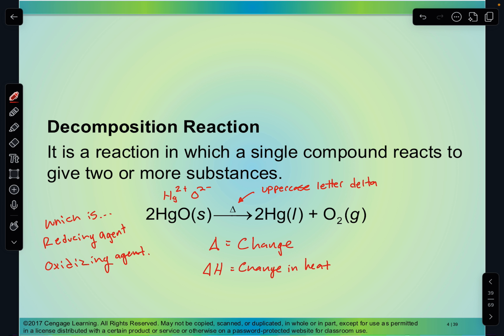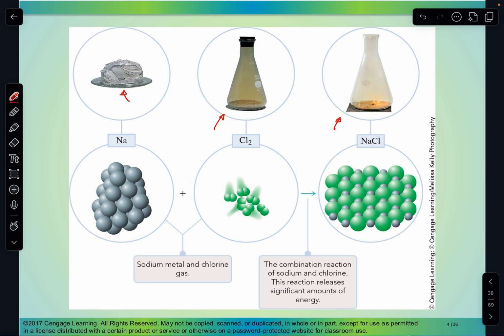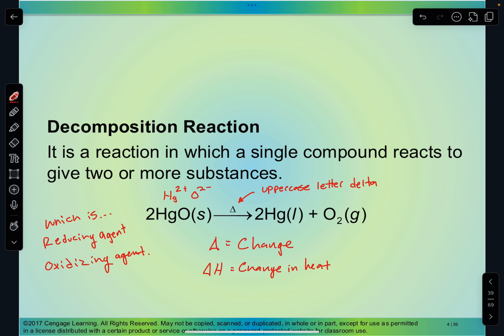Okay, so this is a decomposition reaction. It's the opposite of a composition reaction? What do we say? Combination reaction. It's when you take one substance and make it into two. The oxidizing agent is going to oxidize something else, which means it's going to raise the positive charge.